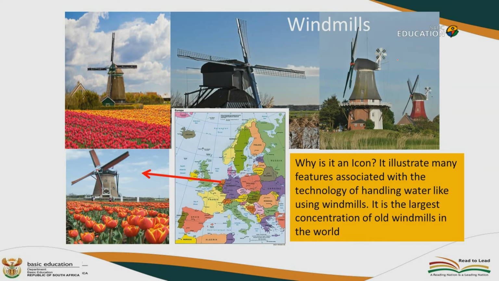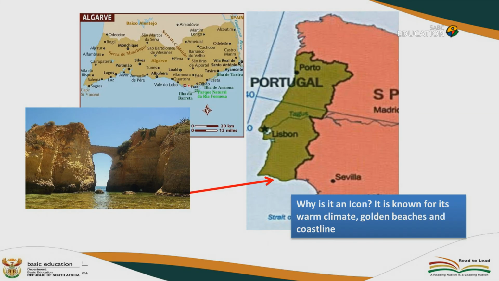These are the windmills. You know the location. They are found in the Netherlands. Algarve is found in Portugal. Why an icon? This is how you can read why an icon.